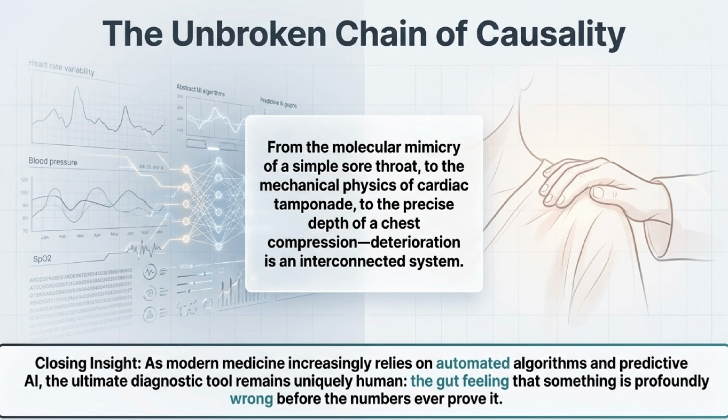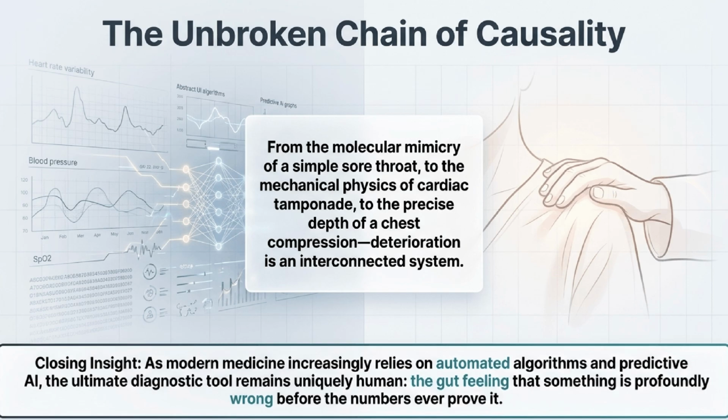We started today looking at the heart not as a simple machine, but as a dynamic landscape. We've traced the journey from the cellular architecture of an overstretched, dilated heart to the molecular mimicry of rheumatic fever, right down to the scratching friction rub of pericarditis. And we followed that breakdown all the way to the bedside, looking at how track and trigger charts, clinical MET calls, and the swift mechanics of CPR and defibrillation attempt to pull a patient back from the brink of systemic collapse.